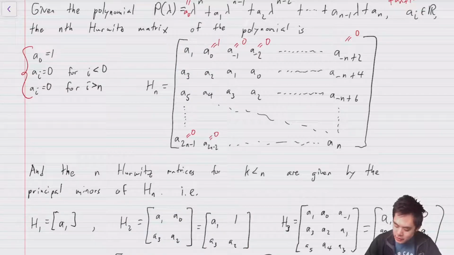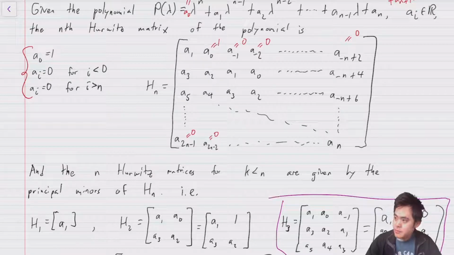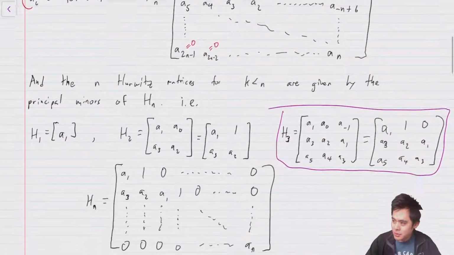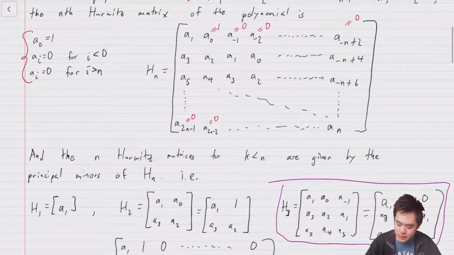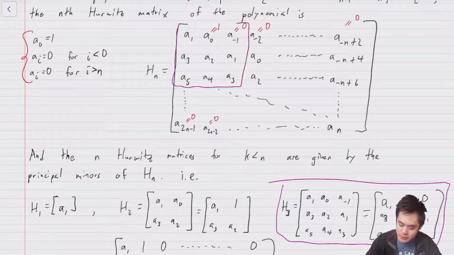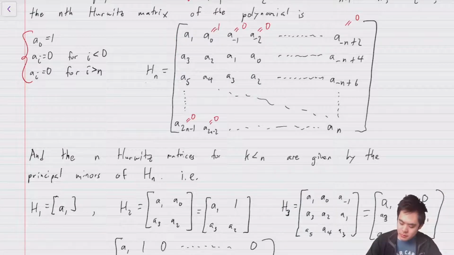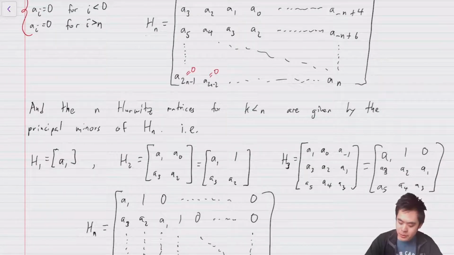And H3, oh sorry, you can't quite see that. So H3 here is then this thing. And of course, you can simplify that a little bit by taking a0 equal to 1, and a minus 1 equal to 0.